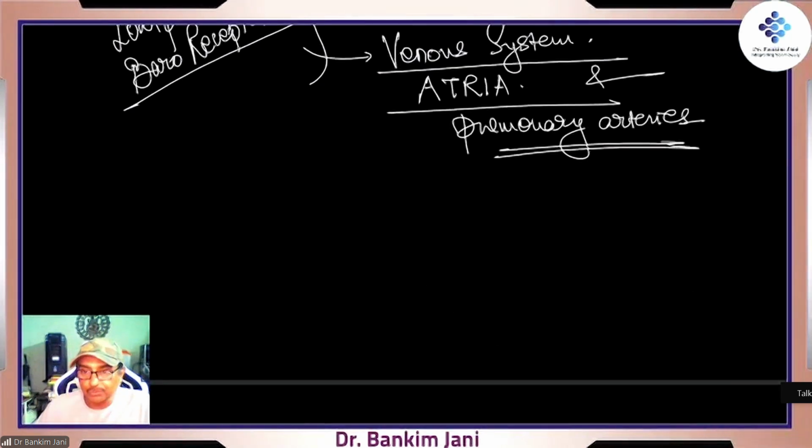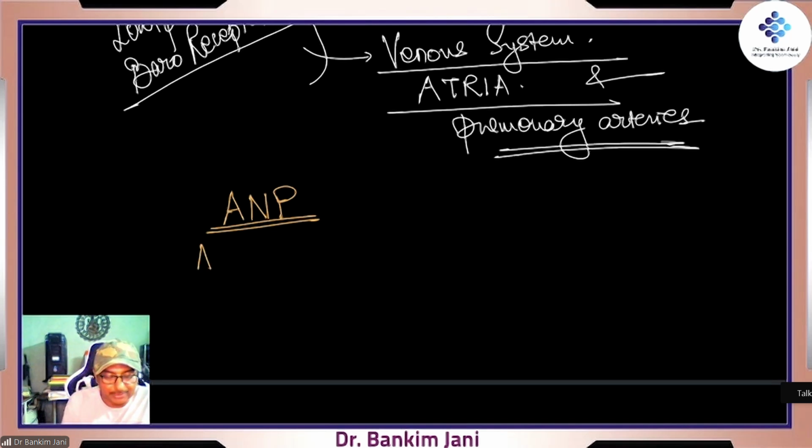This takes us to the next point, and this is one of the very interesting ones. It is ANP, which is called the atrial natriuretic peptide. This is one of the peptide proteins.